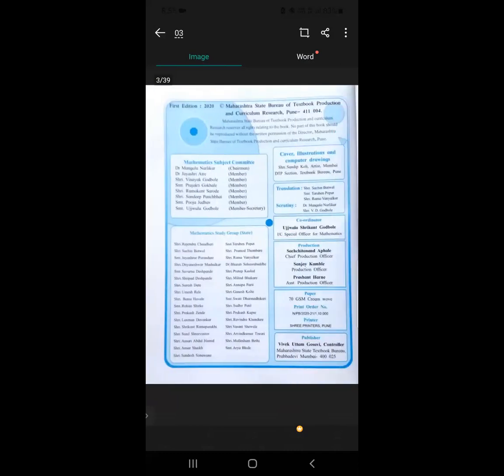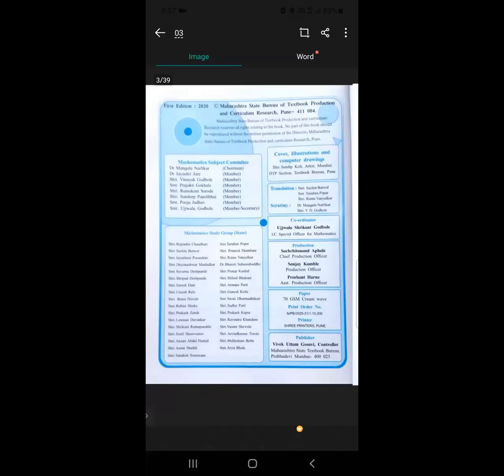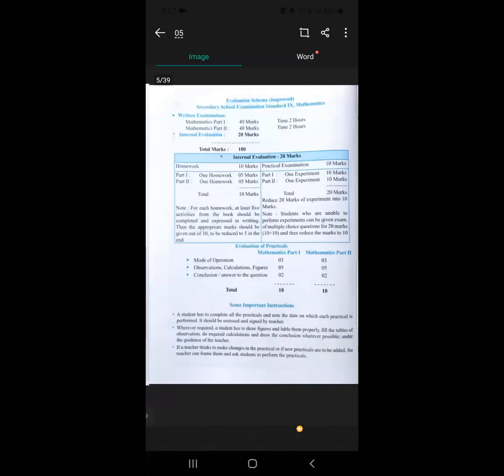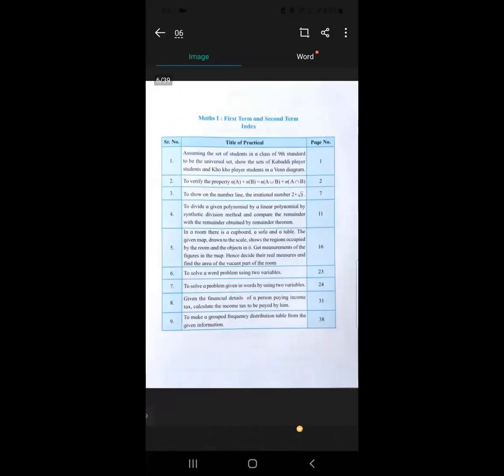Because a few questions are there for you to solve, which are totally based on the practical and on some important topics from your textbook. So this is the part that we started last month. Again, I will just recall it.